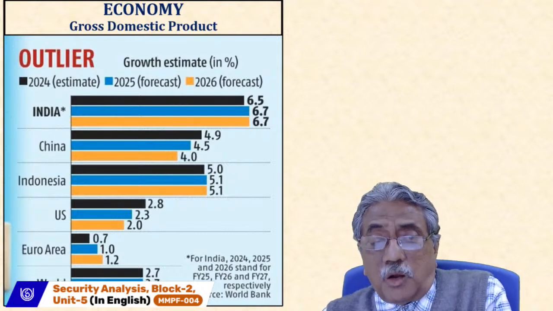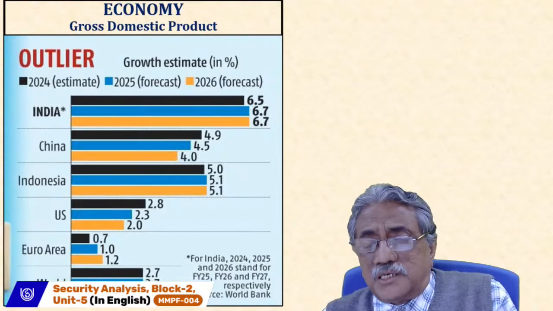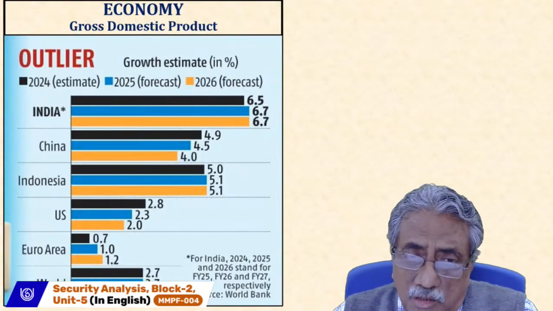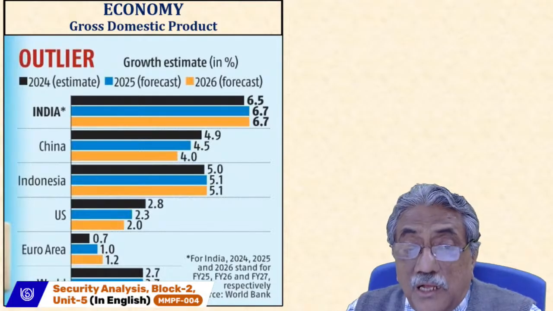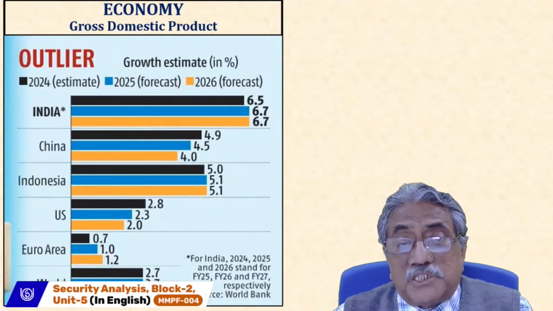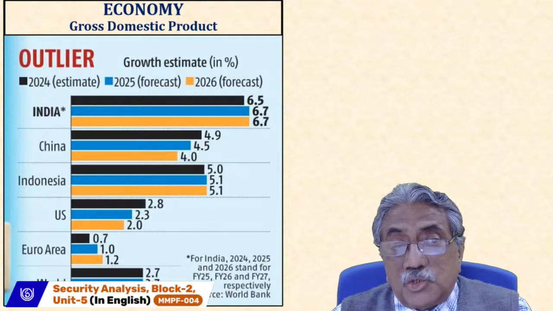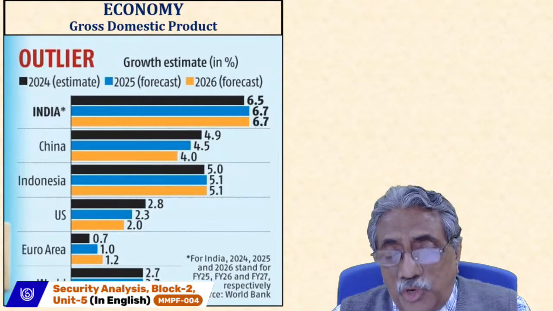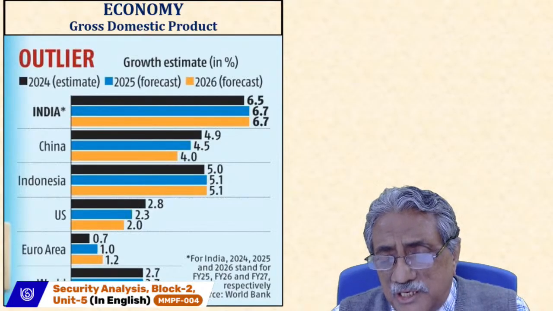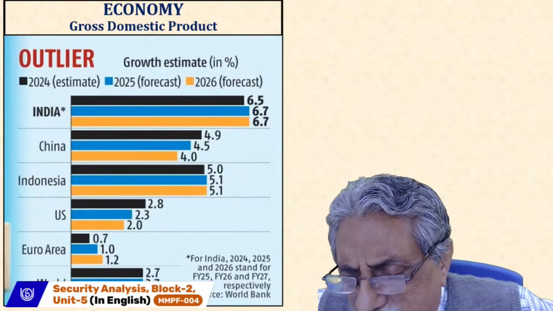And if we have almost 2%, 1.5% above China, or 1.5% above Indonesia, so we are growing, and there is a E minus I, that is export minus import.